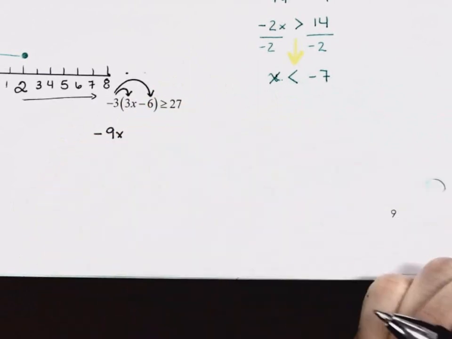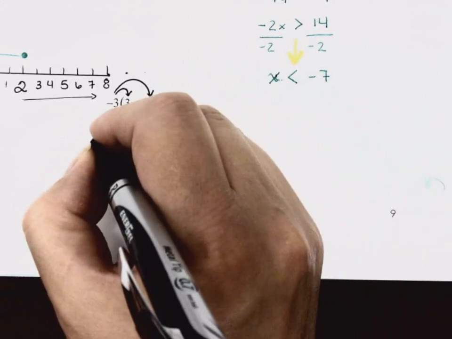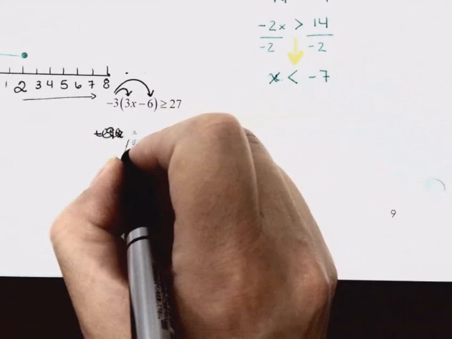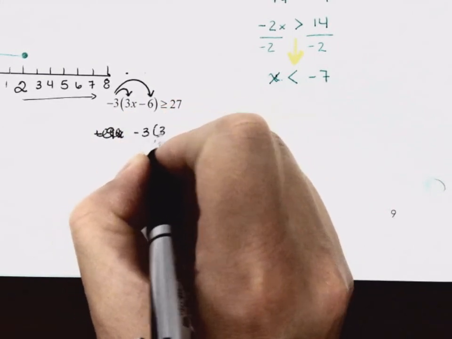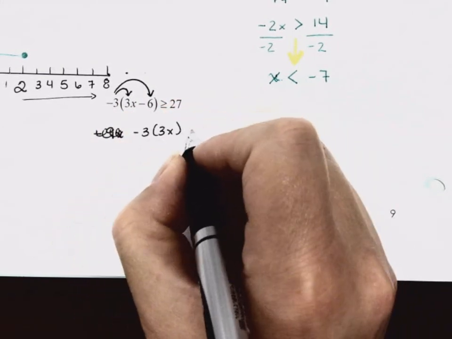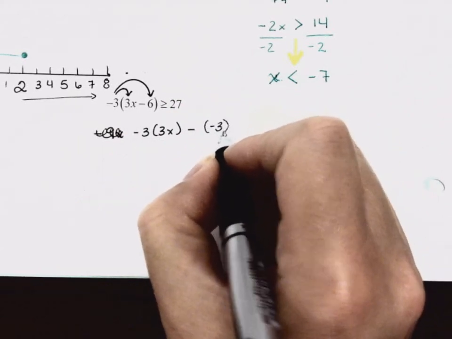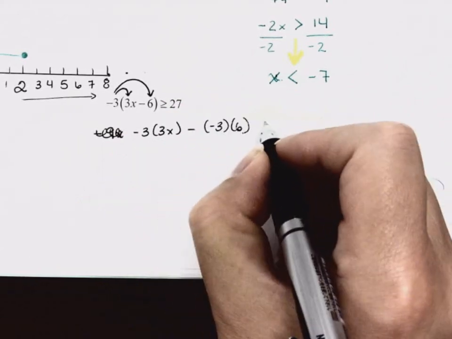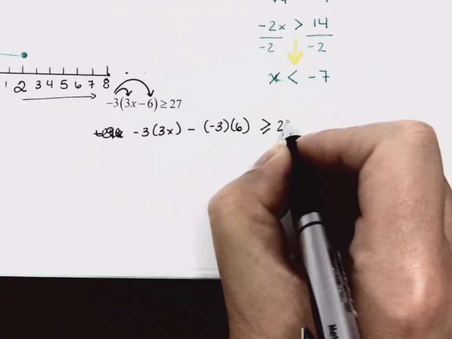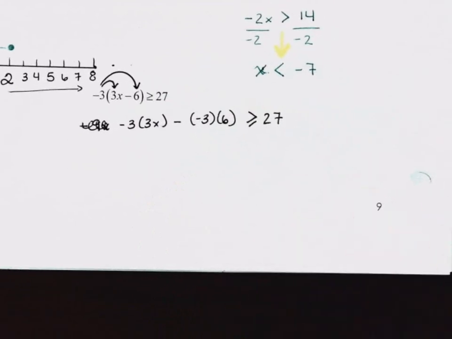Actually, let me write that extra step in there. Negative 3 times 3x. And then we have subtract, and we're going to times the negative 3 by the positive 6 is greater than or equal to 27. I'm just going to write that step in there just so we remember that the math that we're doing is to multiply.